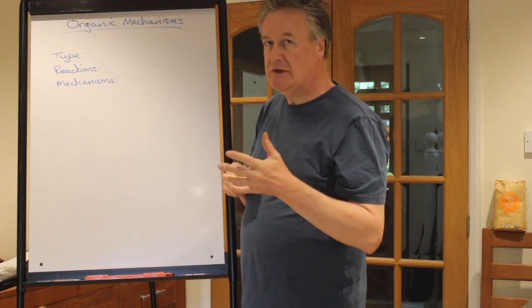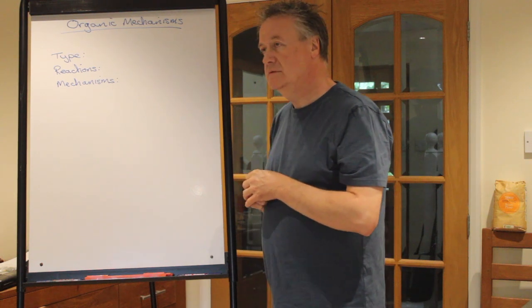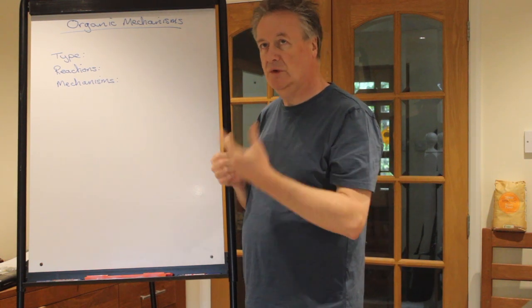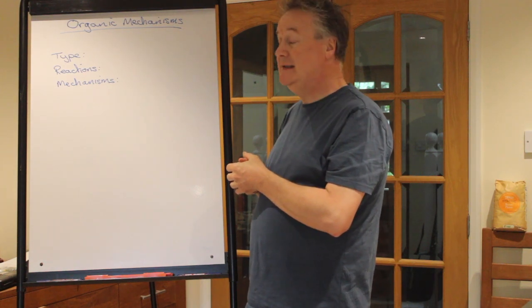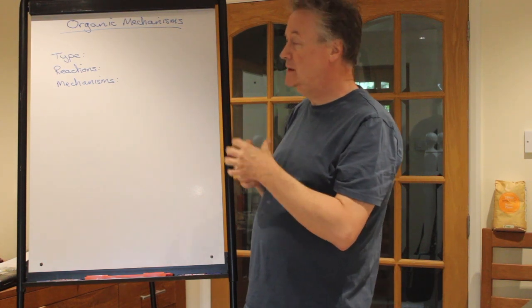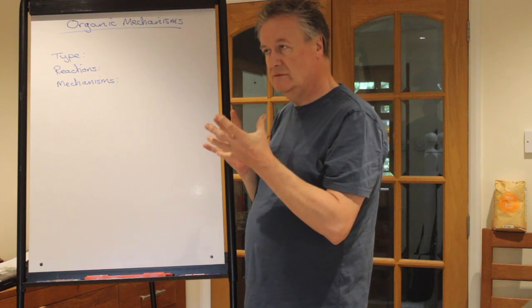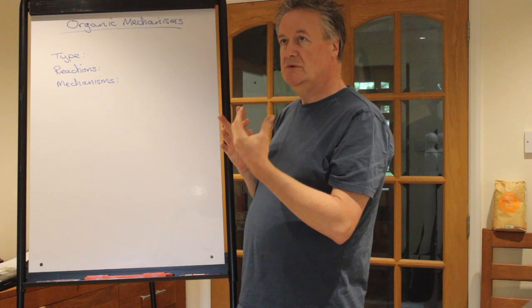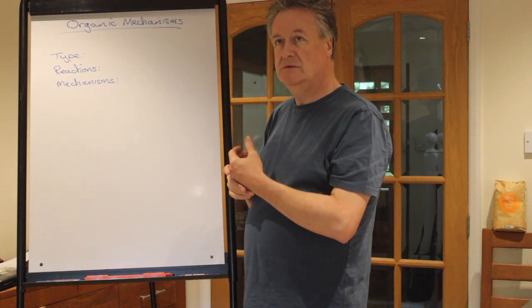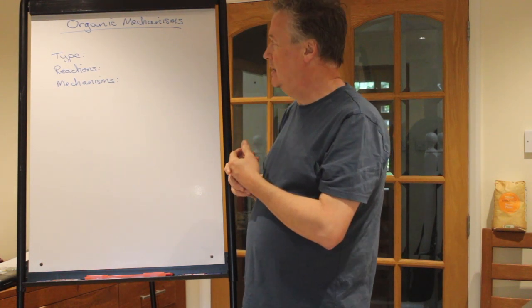Around about 60 reactions you need to know what to do, how to do it, what you use in an A-level chemistry course. And then there's mechanisms. Mechanisms is a smaller set of reactions. You need to be able to apportion a mechanism to a limited set of reactions at A-level.